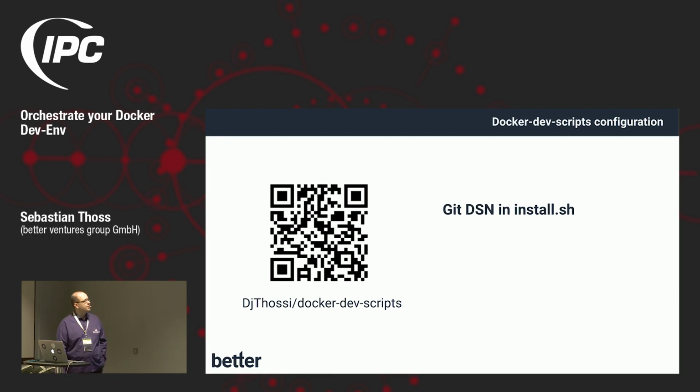So the first one is you need a git dsn in the install sh script, so that is pointing to my place, to my GitHub. You can define yourself if it's GitHub or Bitbucket, or if you have them across several repositories or across several namespaces, then you can configure this part here. This is simply concatenated with what's in the project sh.